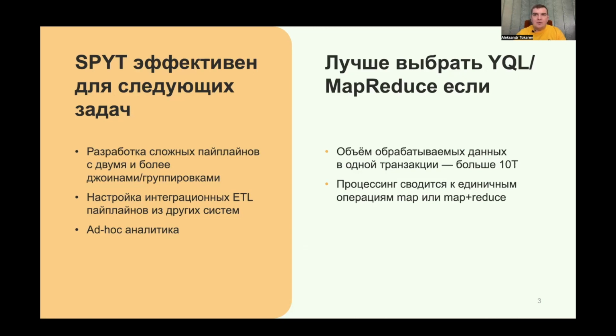We do not recommend using Spark in YTsaurus in two cases. First, when the size of the data being processed in a single transaction is greater than 10 terabytes. This is because it also increases the size of intermediate data, and once there is no room for it in the RAM, it starts being spilled to the disk, which significantly deteriorates the performance.